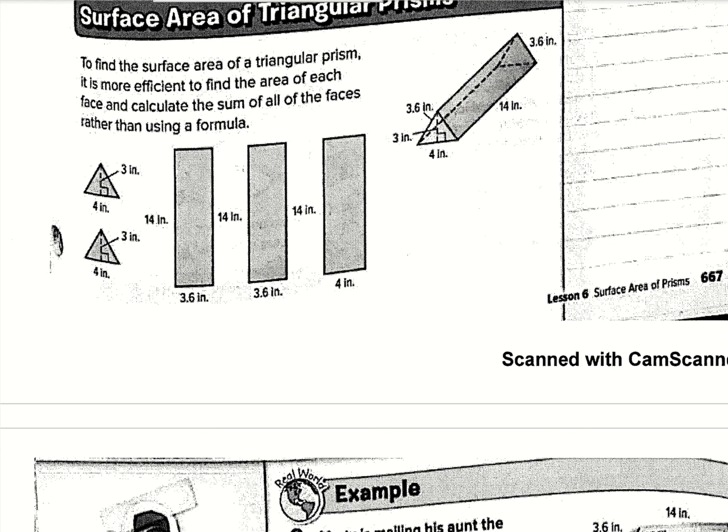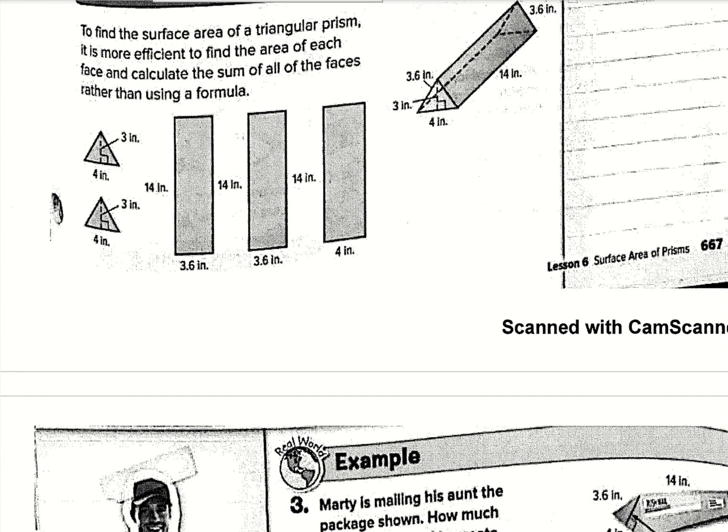So this is one that they suggest you do like this sort of net idea like we did on the last one, or like I gave you the option to do on the rectangular prisms. So you want to start by finding these areas. Now it gives you that this is 3 inches, which is really, really nice for this, because then we can just find the area of the triangle.